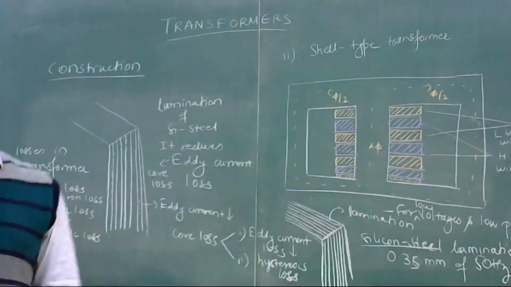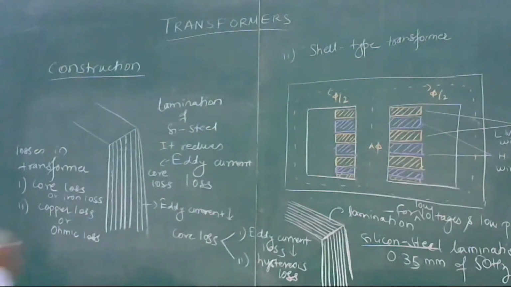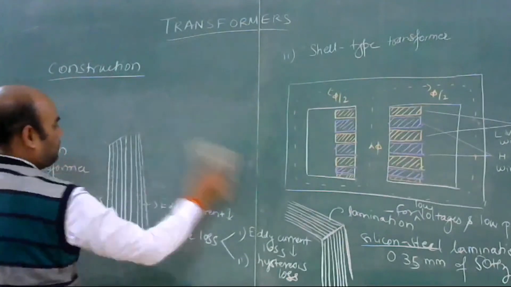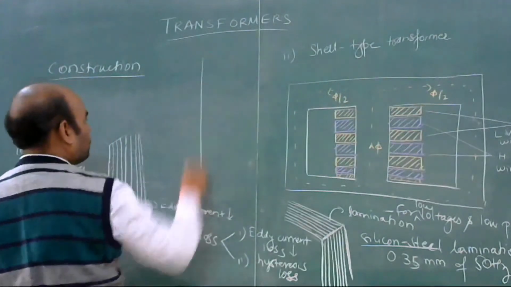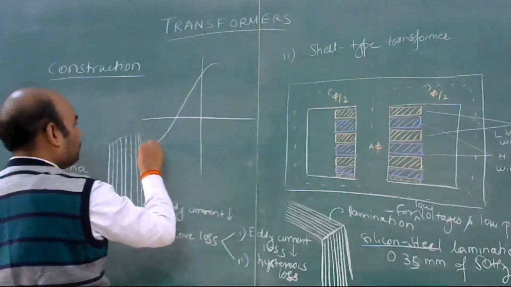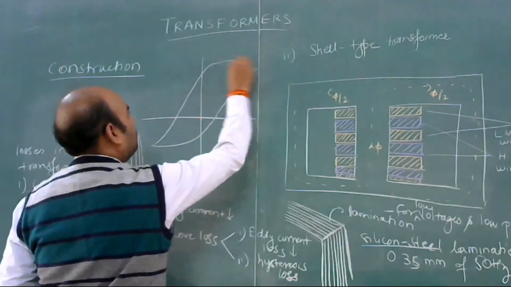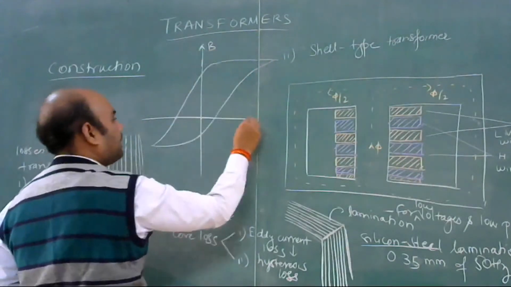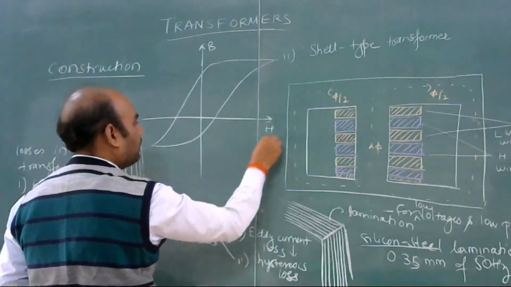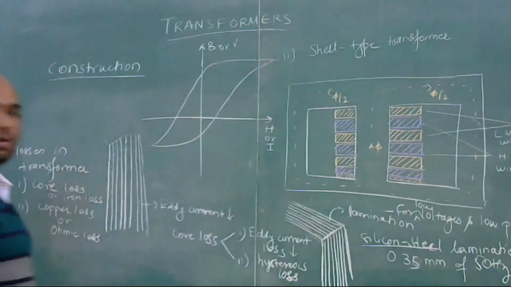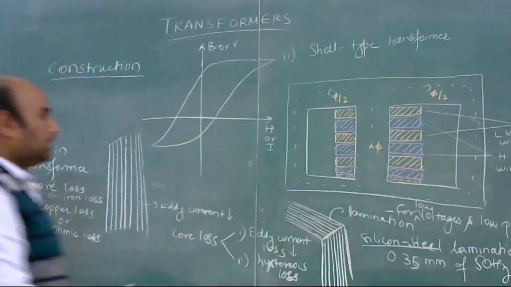Okay, so what is hysteresis loss? This is the hysteresis loop. This is the BH curve, a plot between B and H of any magnetic material.